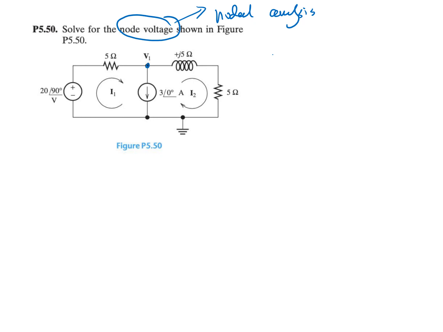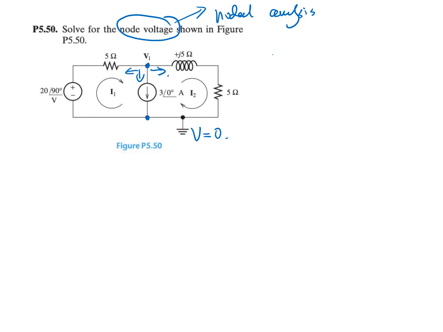One is here and the other one is here. And we set this as the reference and as our ground, so we know that the voltage here is 0. So the only node voltage we don't know is V1. So we need to perform nodal analysis here by writing KCL equations at this node.